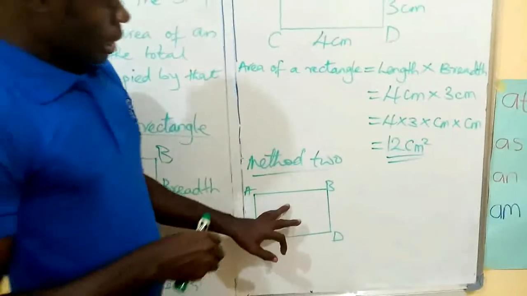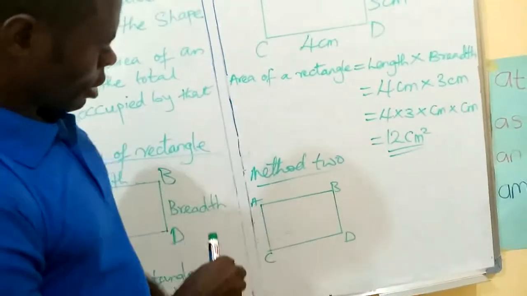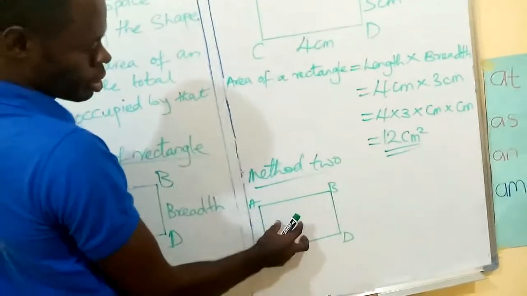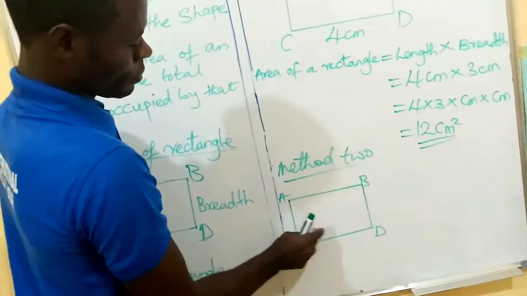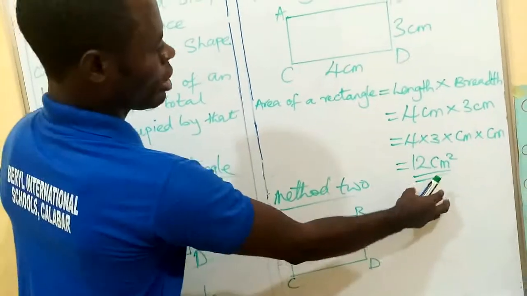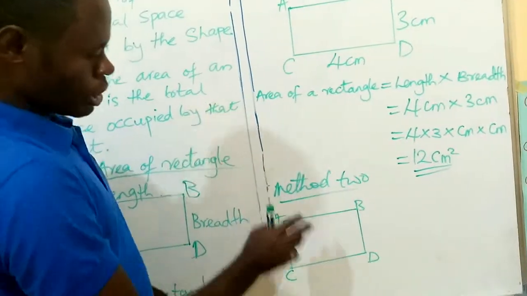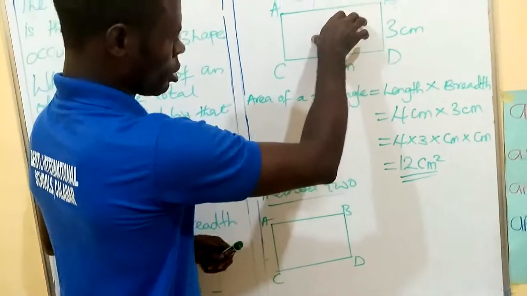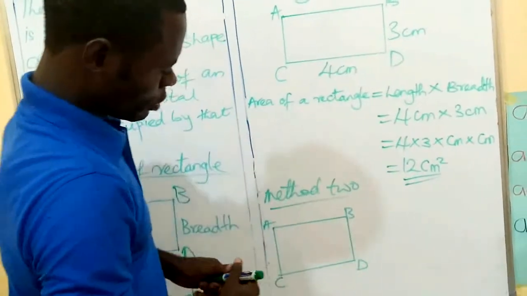Alright, in this second method, we still have the rectangle drawn up here. So we can also get the area of a rectangle using this other method. And what's the method? Looking at the rectangle here, the length is 4 centimeters.